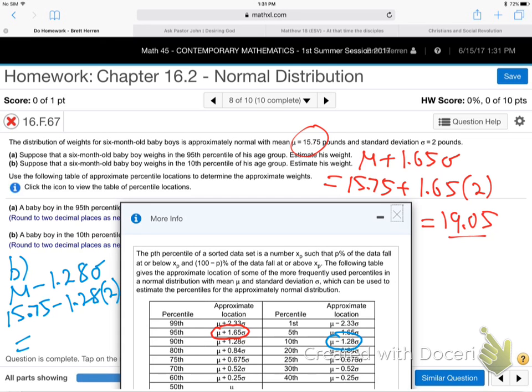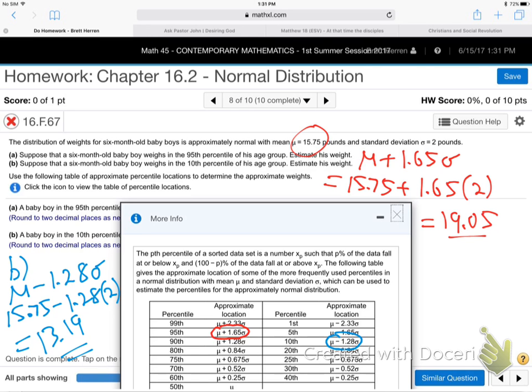Somebody have that one? 13.19? Maybe? I think so. Okay, thanks. Is that okay? Just grab the formulas off the table and plug them in. Probably the easiest question we've had so far.